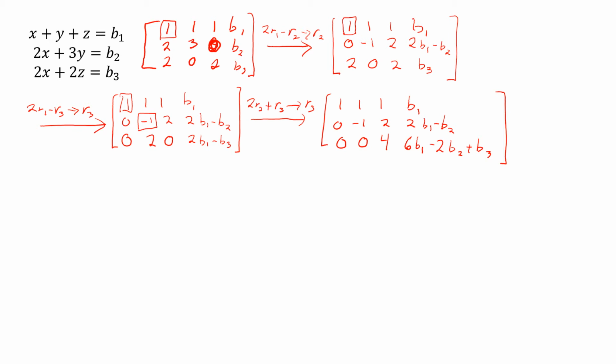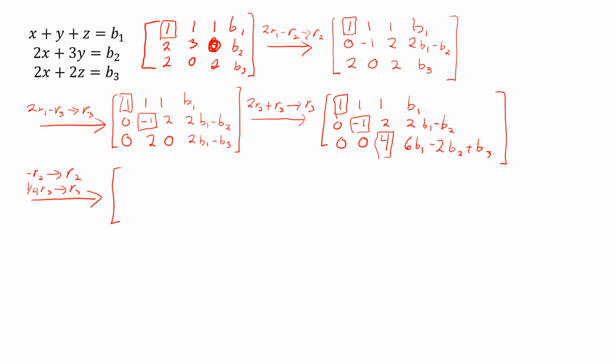Now with the Gaussian method, we continue on by turning all of the leading entries into ones. We already have a 1 for the first one. The second and third leading entries need to be turned into ones. I'm going to save a little bit of time and do them both together. I'm going to say negative row 2 is the new row 2, and 1/4 of row 3 is the new row 3.